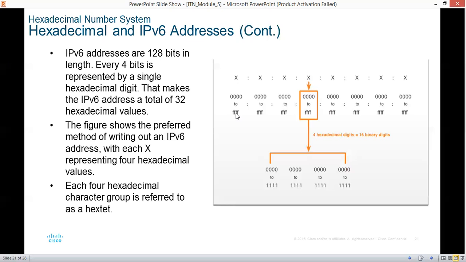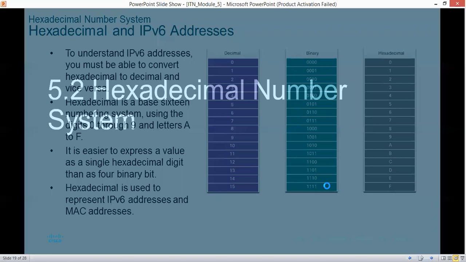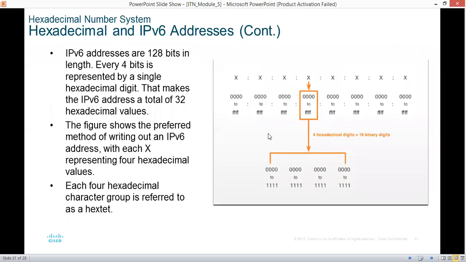Exactly. Now the same thing, minimum 0000, maximum 1111, because if you go back to check what 15 is here, 15 is 1 1 1 1. Agreed? Yes. Good. So that tells you that your minimum is all zeros, your maximum is all F. And you can see it is separated with a colon.